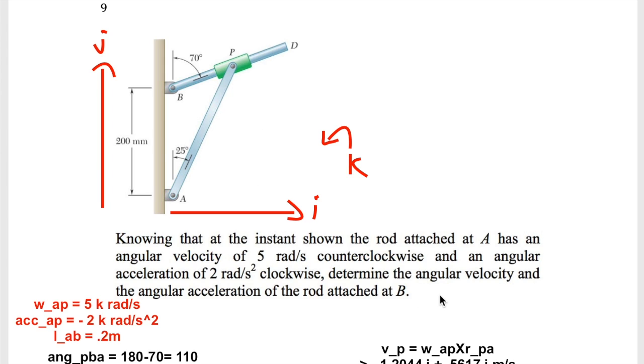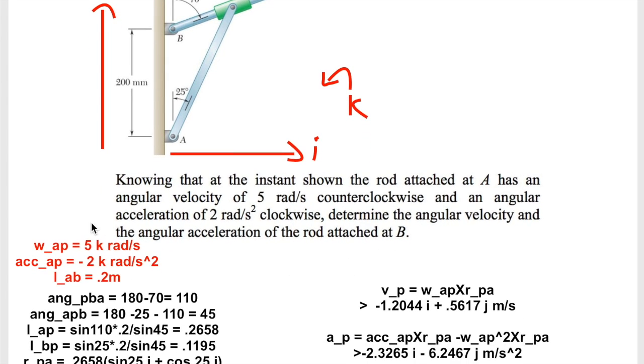We're asked to determine the angular velocity and angular acceleration at B. So our givens are 5 in the k, negative 2 in the k, and this length is given as 0.2 m. We set up our diagram with i in the positive x, j in the positive y, and k going positive counterclockwise.